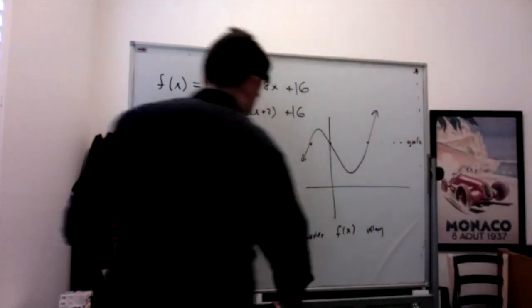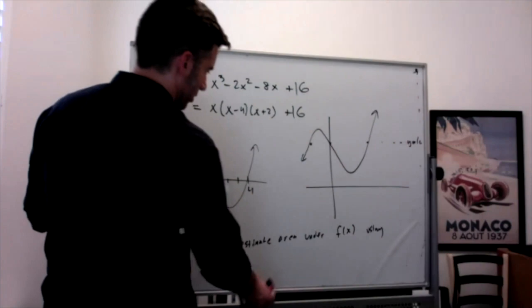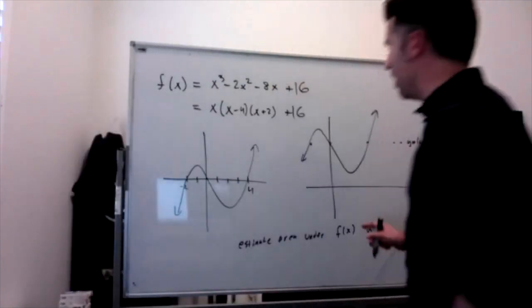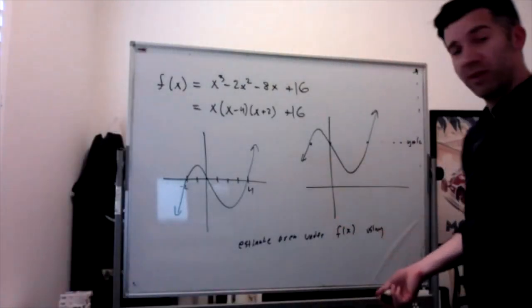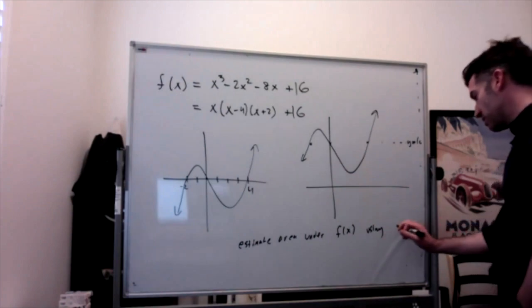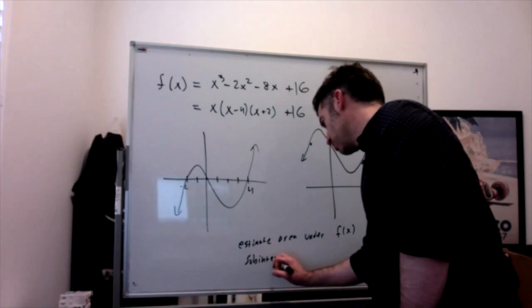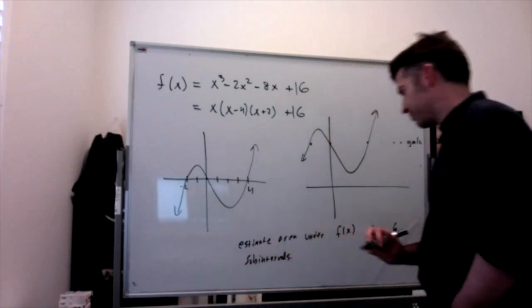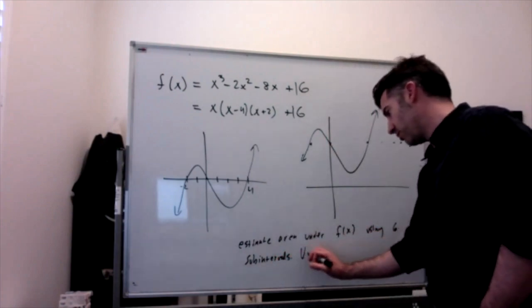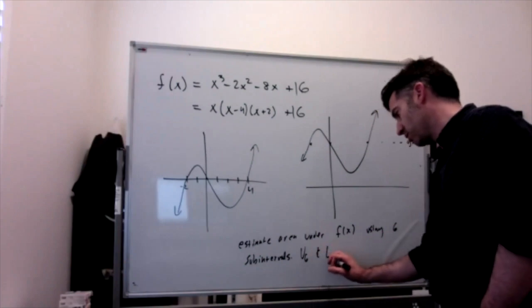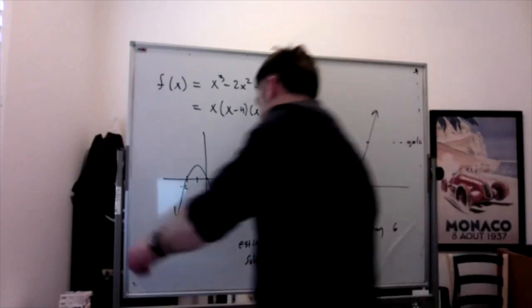Here's why. I'm using, I should say, let's see, we're going from -2 to 4. Let's use 6 subintervals. And I want to use an upper 6 and a lower 6. All right.